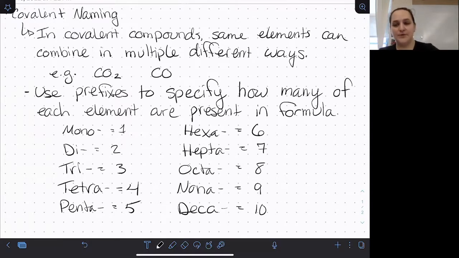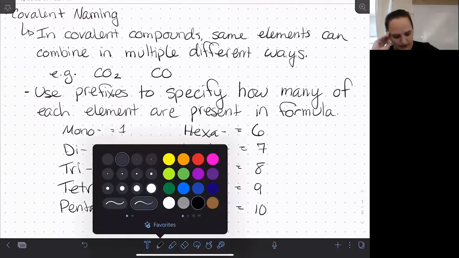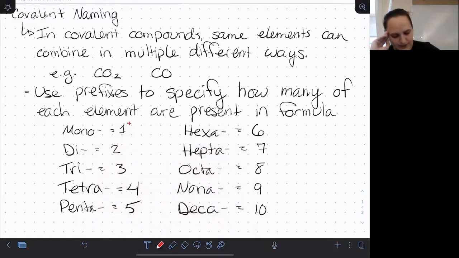So we add a prefix to each element to indicate how many there are, with one little caveat. The prefix mono is only used on the second element in the compound, never on the first.